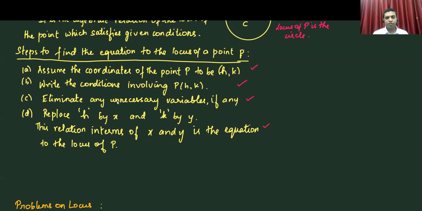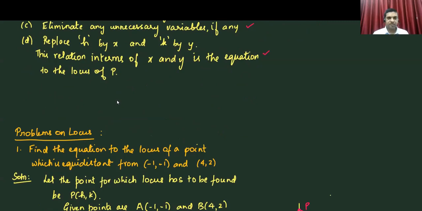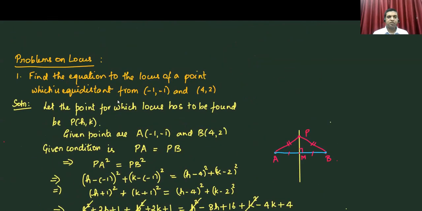So we did problems like this. Find the equation to the locus of a point which is equidistant from (-1, -1) and (4, 2).